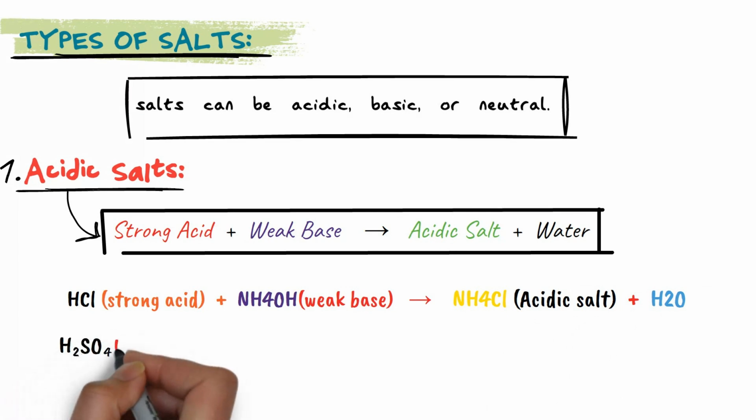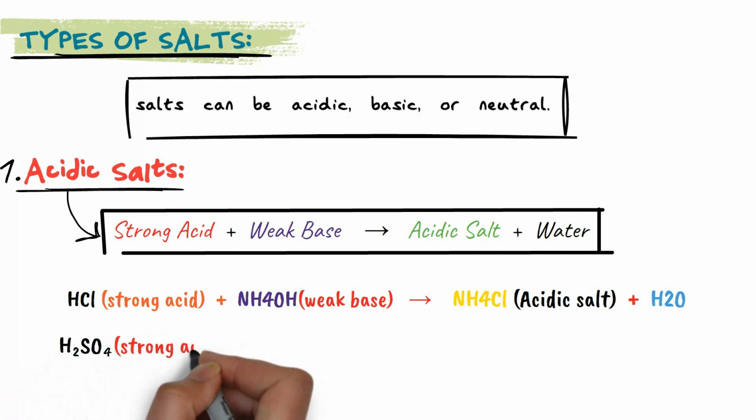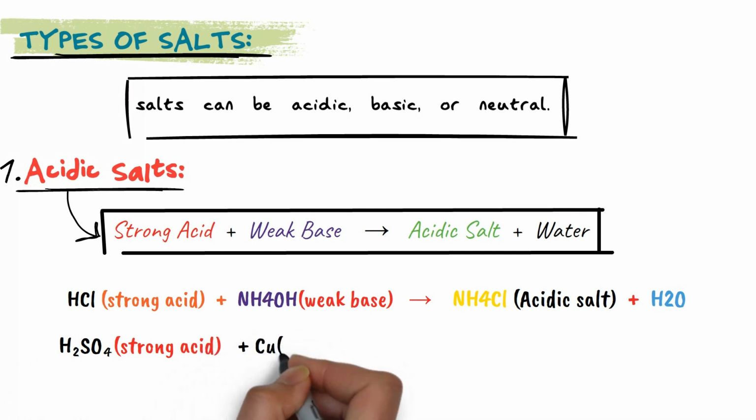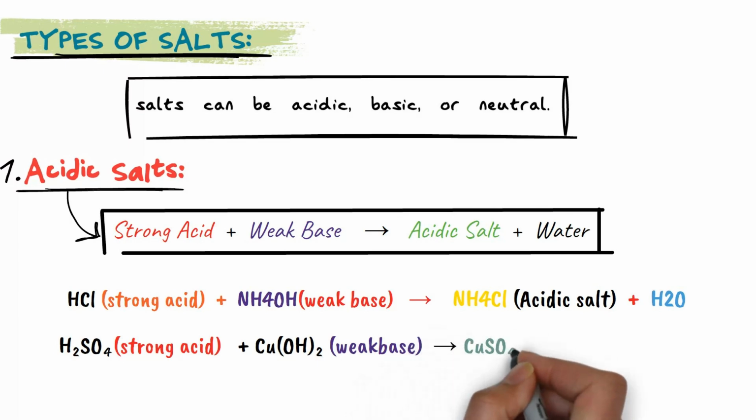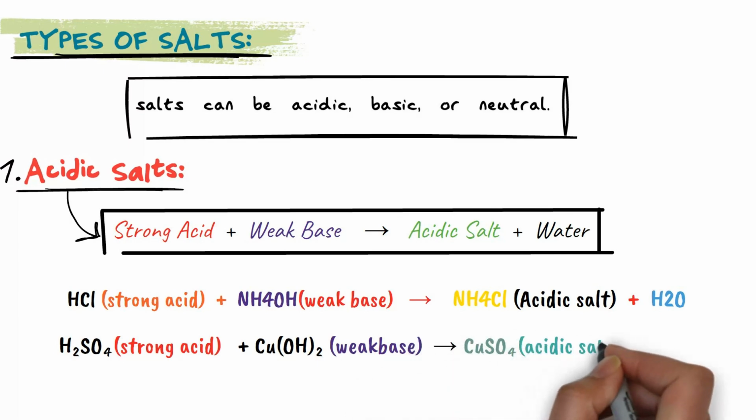Similarly, when sulfuric acid, a strong acid, reacts with copper hydroxide, a weak base, the result is copper sulfate, which is again an acidic salt.